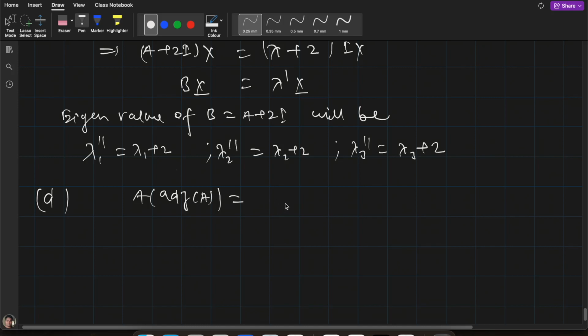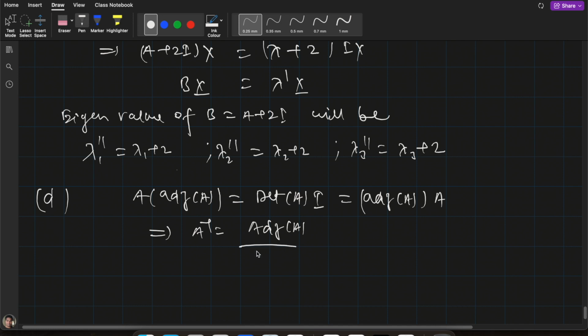You are not following the previous lectures, which means that it equals determinant of A times the identity matrix, and this is also equal to adjoint of A times A. You can use either way, but it will definitely equal determinant of A times the identity matrix. From that idea only I got A inverse, and A inverse is nothing but adjoint of A divided by determinant of A. This was the formula.